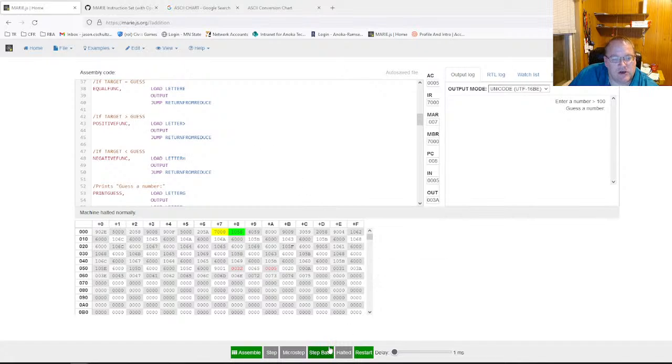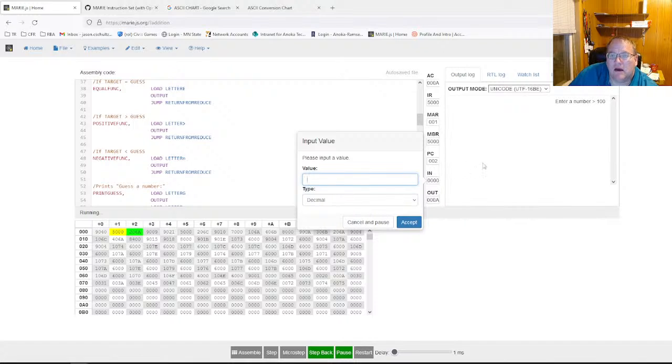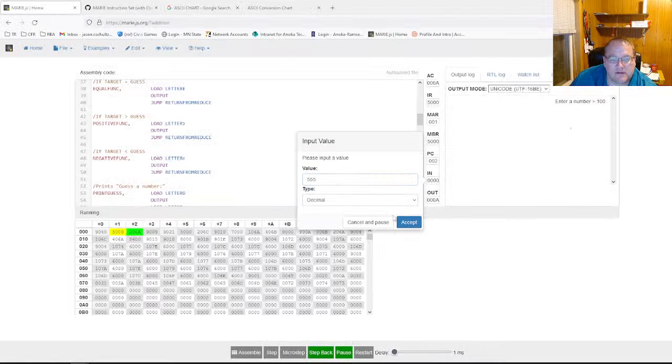All right, so let's just try assembling this. And we'll see here if we can just run this. All right, so enter a number. So let's go 555. Oh, man, I'm telling you. So 555 in decimal. Okay, input a value. I'm just going to pick 5. All right, so now guess what it did here? Ah, look at this.